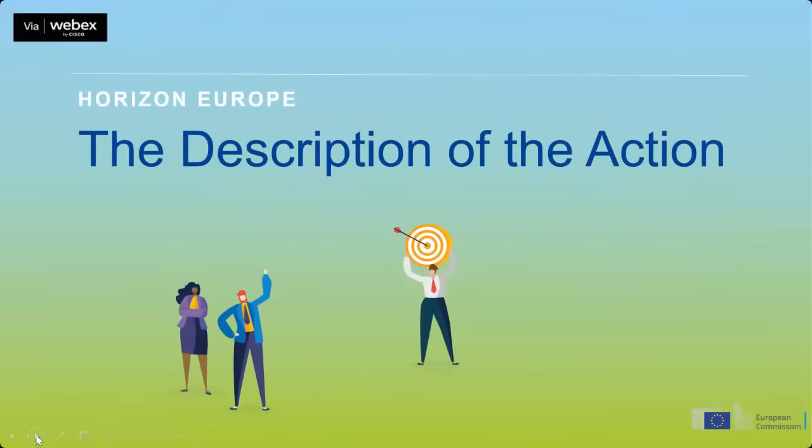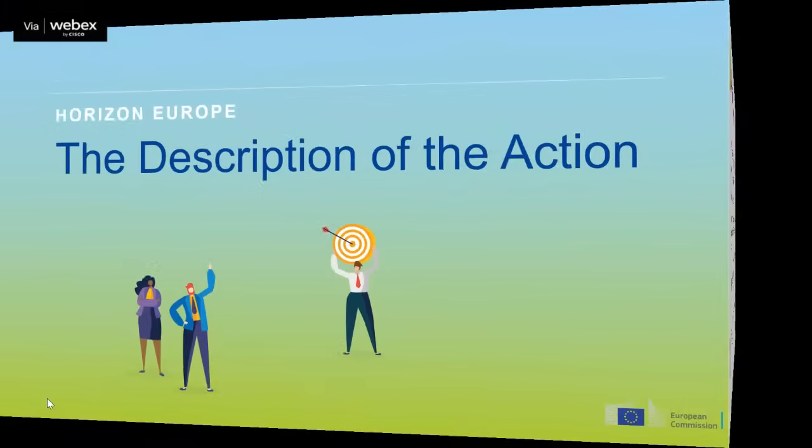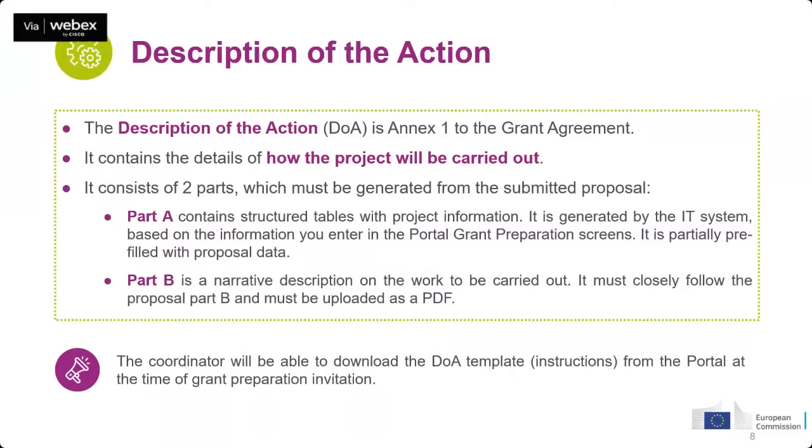So let's go into more detail with the description of the action. As I already mentioned, the description of the action mirrors more or less exactly the proposal, and it also consists of 2 parts, the Part A and the Part B. The Part A is a document that is generated automatically by our IT tool with the information that you typed in the IT system.